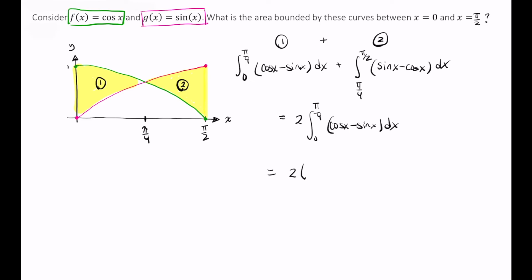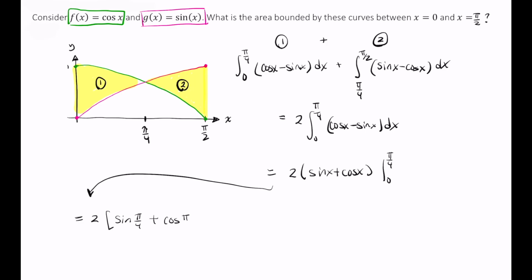Integrating yields 2 times sine x plus cosine x from 0 to pi over 4. And now we can evaluate this. So this is 2 times sine pi over 4 plus cosine pi over 4 minus sine 0 plus cosine 0.